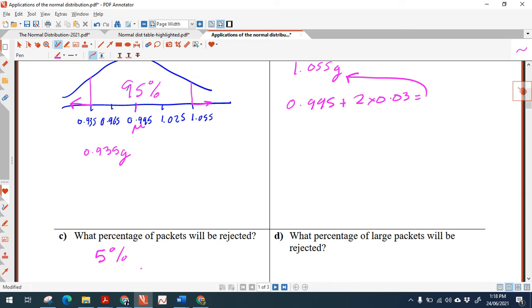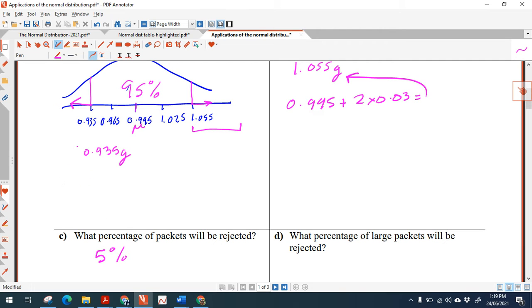Now, what percentage of larger packets will be rejected? Now, we're talking about larger packets. That means we're really talking about this region in here. Well, let's think about this. We have 2 regions that we're essentially rejecting.